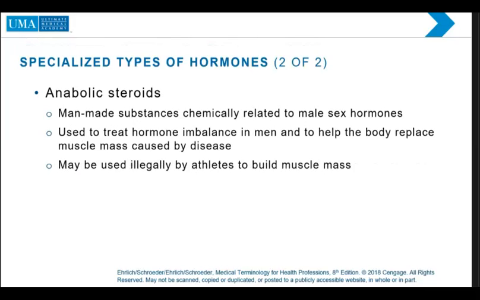Anabolic steroids are man-made substances chemically related to male sex hormones, used to treat hormone imbalance in men and to help the body replace muscle mass lost due to disease. They may be used illegally by athletes to build muscle mass.